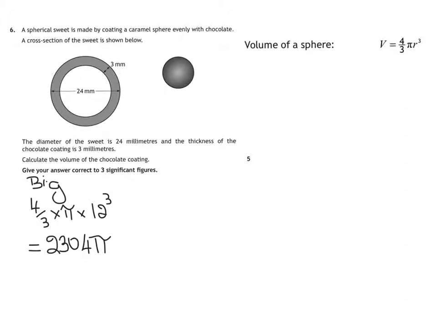Okay, so the volume of the big one is 4/3 times pi times 12 cubed. Half of 24, 12. That's my radius. Notice I'm leaving it in pi. I'm not changing it to a decimal yet. Too messy. 2,304 pi.